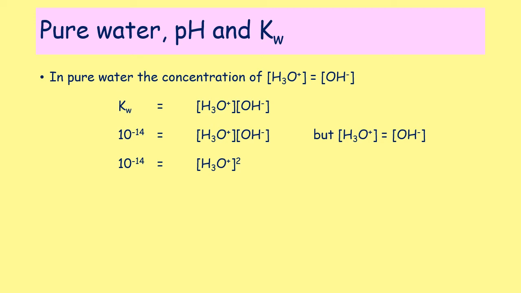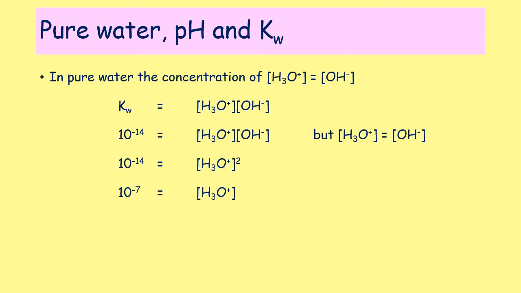What we want to do now is find out what the concentration of H3O plus is. So we're going to take the square root of each side. Whenever you take the square root of something that's got a power, that means you divide the power by 2. So 10 to the minus 14 becomes 10 to the minus 7.